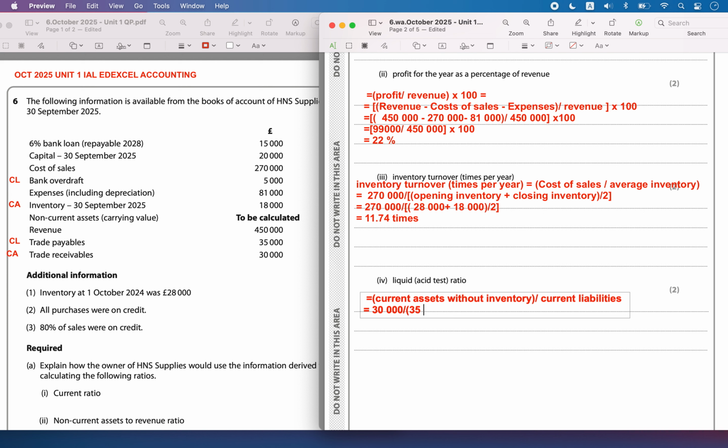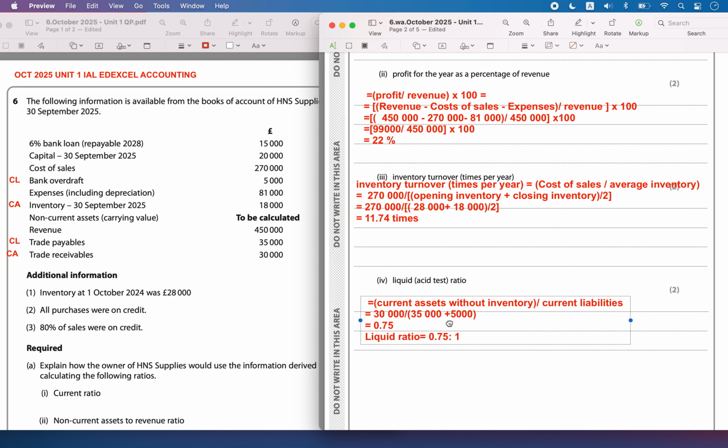These two we will include: trade payables of 35,000 plus the bank overdraft of 5,000. That is equal to 0.75, but because it's a ratio, we write the liquid ratio as 0.75 to 1.